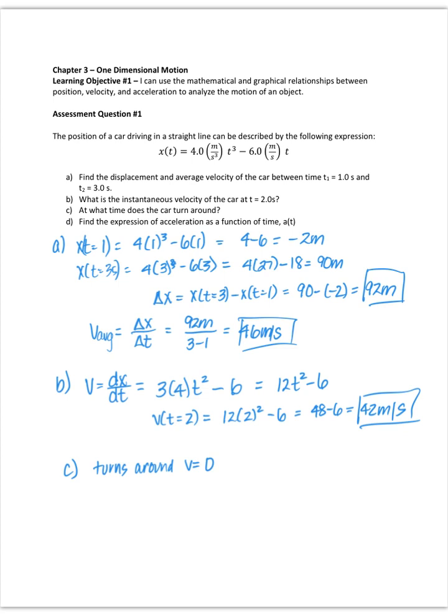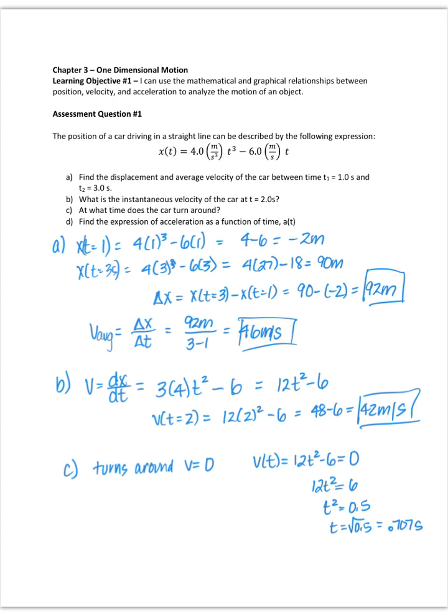So we already have the expression for the velocity as a function of time from part B, and we want to set this equal to 0 and figure out when that's going to happen. So I get 12t squared equals 6. t squared is equal to a half, and so t is the square root of a half, which is 0.707 seconds. So that's when it turns around.